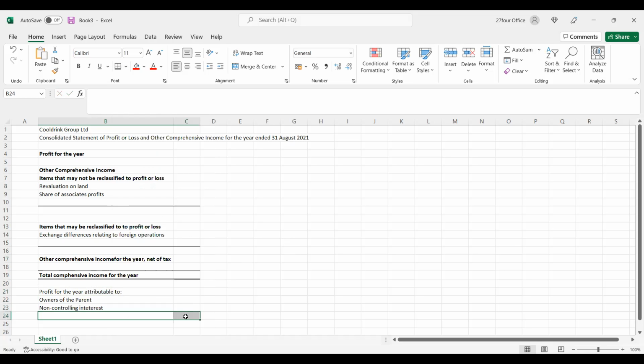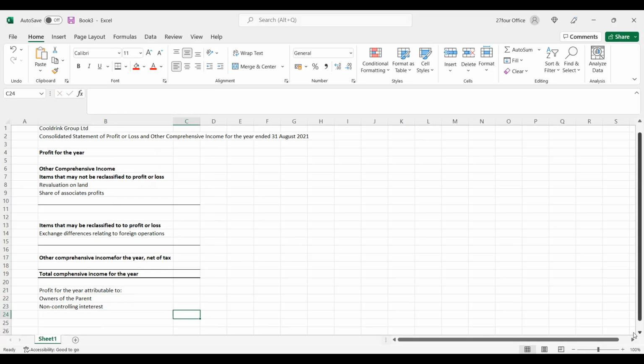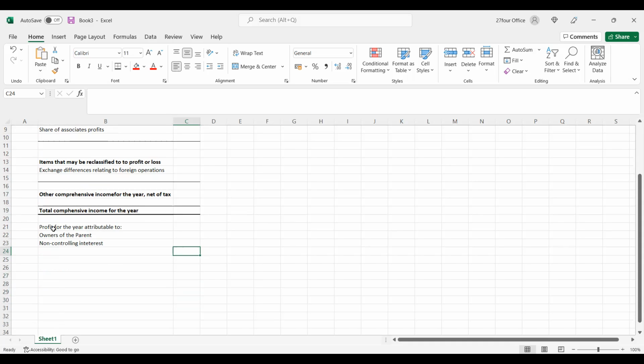I'll do it like that. Okay, then same thing. We're attributing profit, and then we're going to attribute total comprehensive income. Okay, so take note, you're not attributing profit and other comprehensive income, you're attributing profit and total comprehensive income.